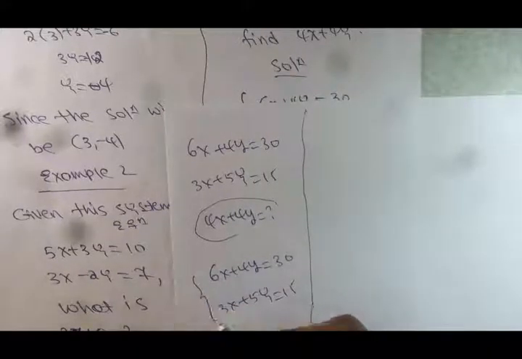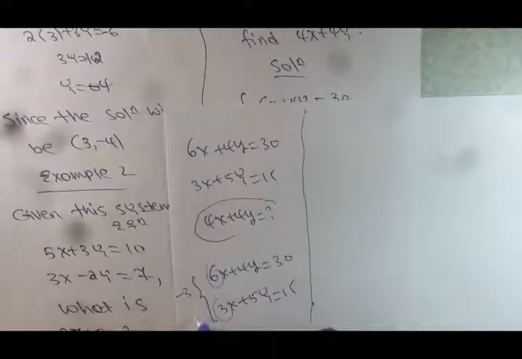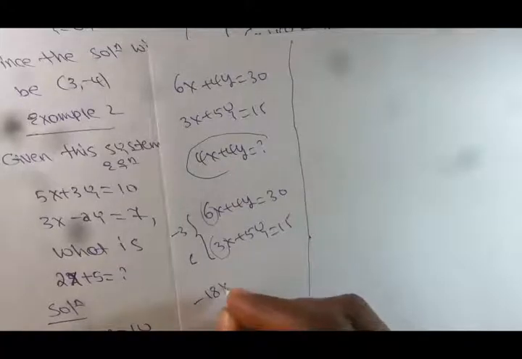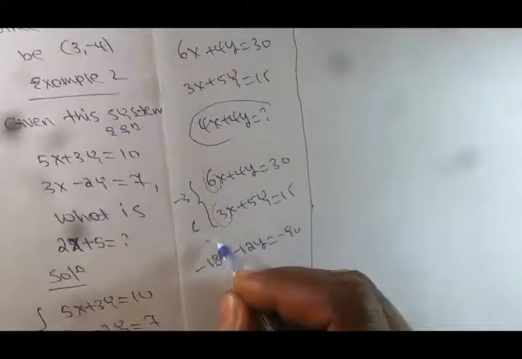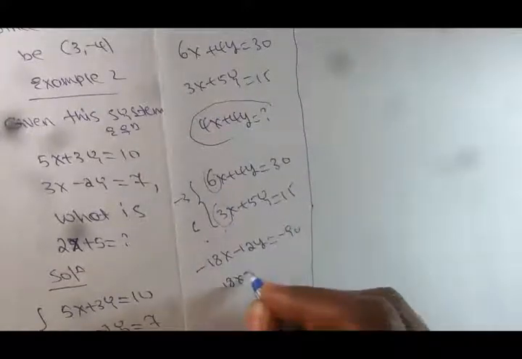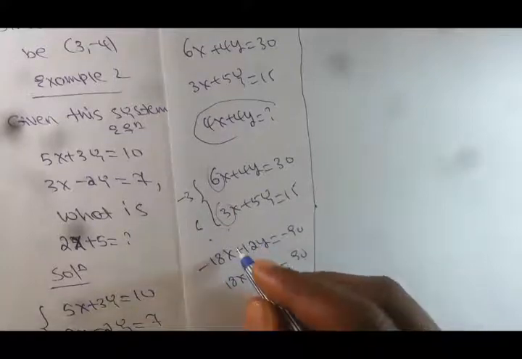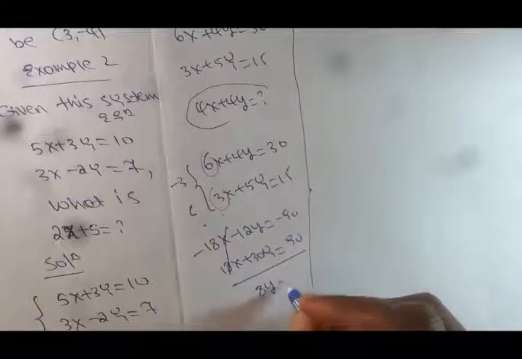So we have to multiply by the negative of this number, minus 3, and the positive of this number, 6. Therefore minus 3 times this becomes minus 18x minus 12y is equal to minus 90. This is equal to 18x plus 30y is equal to 90. Therefore this will be cancelled, and 18y is equal to 0.